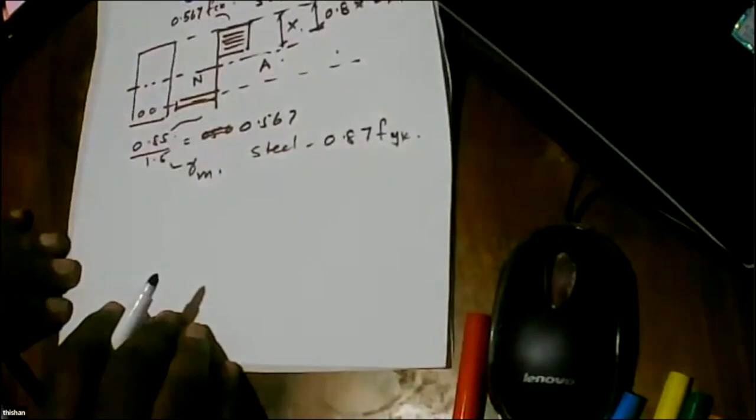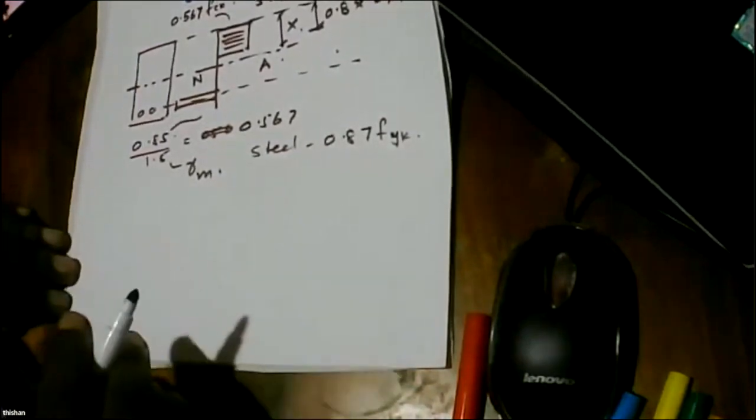Very clear. Now we are going to say one thing. Now everything has yielded. Steel stress is 0.87 FYK on one side. So these notations might change a little bit in the note.